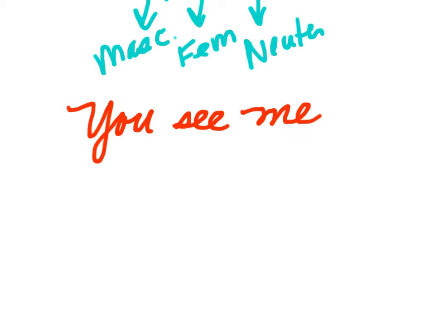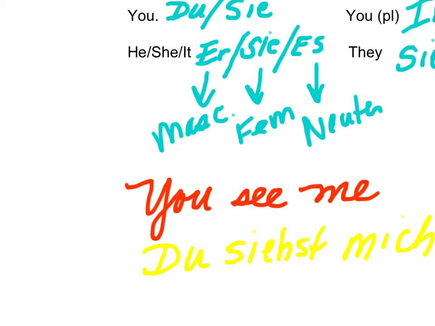In German, it's du siehst mich. All right? So we just changed. All right, so du is here, right? So du, you. Siehst, all right, it comes from the verb sehen, which means to see.